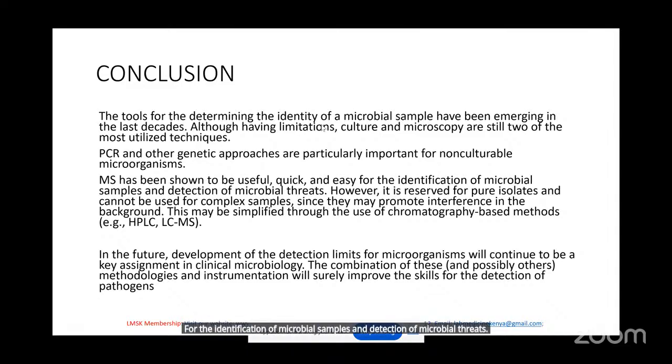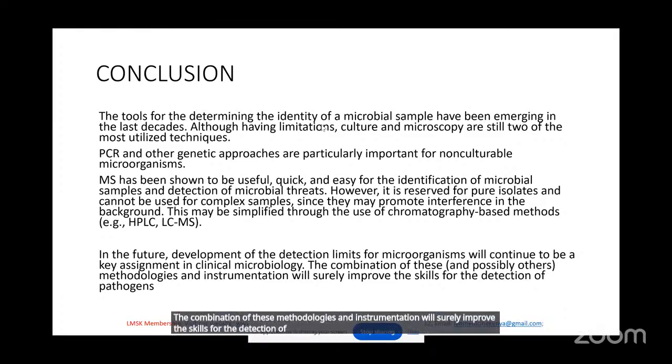However, it is reserved for pure isolates and cannot be used for complex samples since they may promote interference in the background. In the future, development of detection limits of microorganisms will continue to be a key assignment in clinical microbiology. The combination of these methodologies and instrumentation will surely improve the skills for the detection of pathogens.